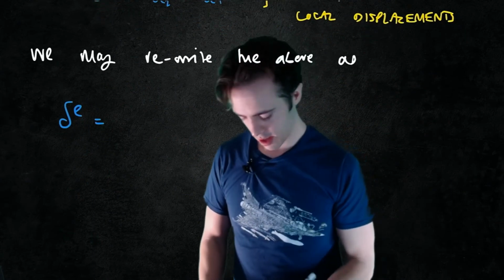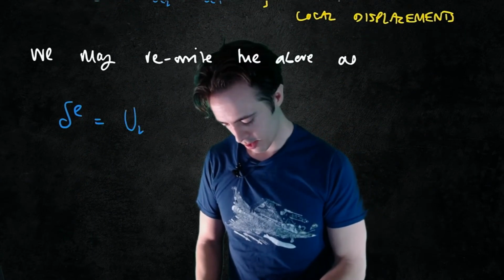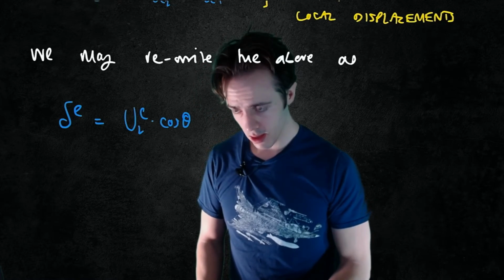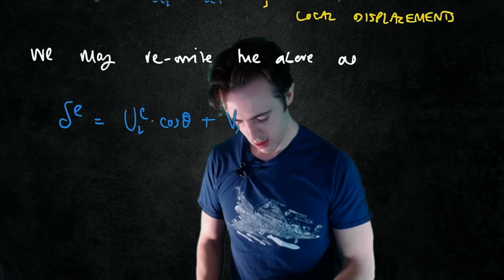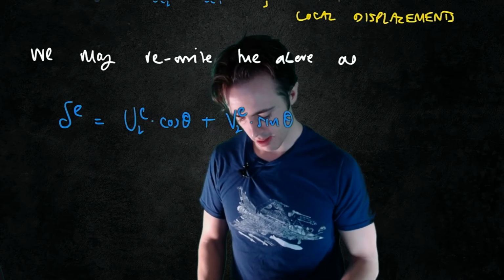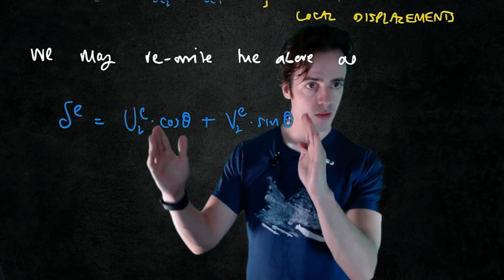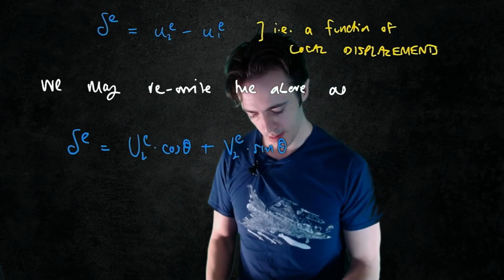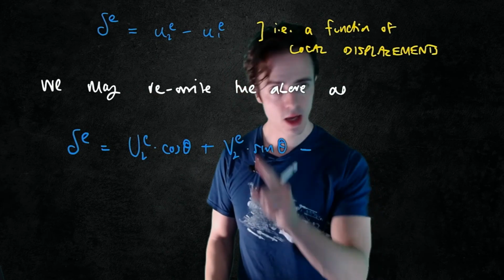So let's write these down. Uppercase U2E multiplied by cosine theta plus V2E multiplied by sine theta. Okay, so this is just what was previously U2. I then need to subtract from it U1E.